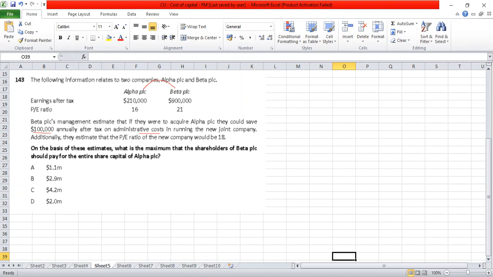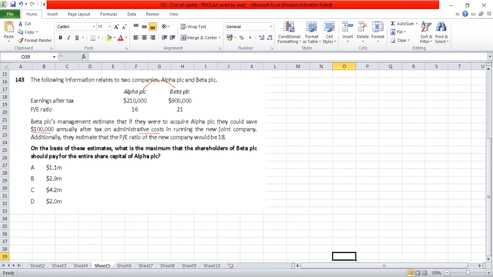If they get to acquire Alpha company, then they are looking at their value in terms of how much they would save, 100,000. Next, they are also anticipating their price earnings ratio to be 18. Based on the present values, that is the earnings of Alpha and the earnings of Beta added together, plus cost savings is also an income.